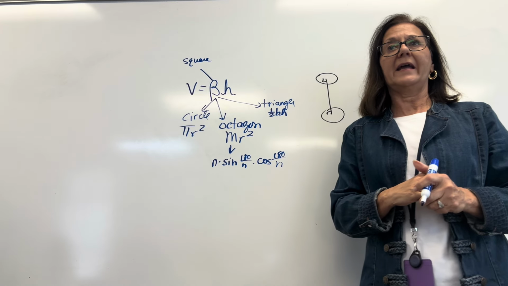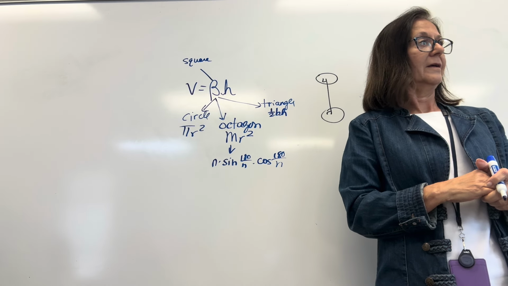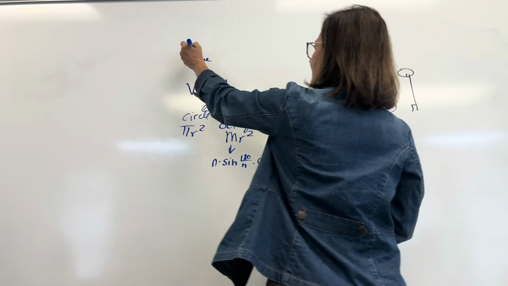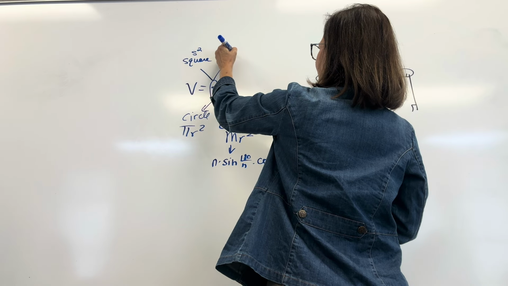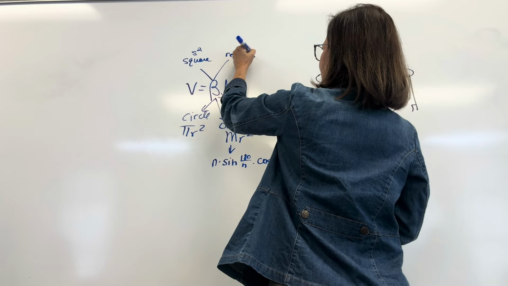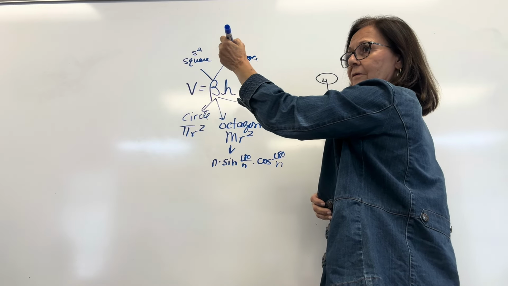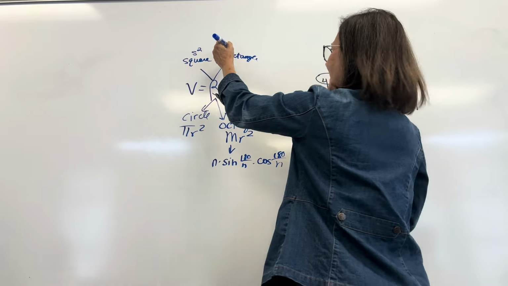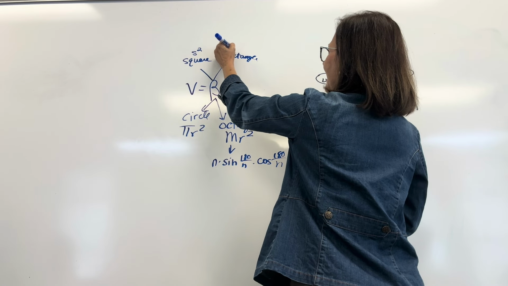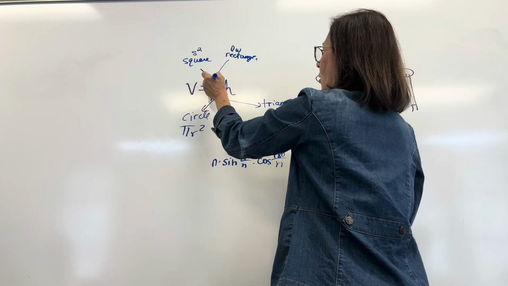What's the area of the base? Side times side. Side squared. What if it's a rectangle? Length times width. Yes.